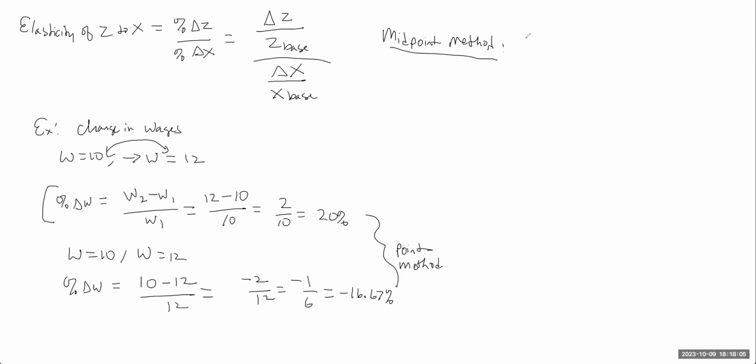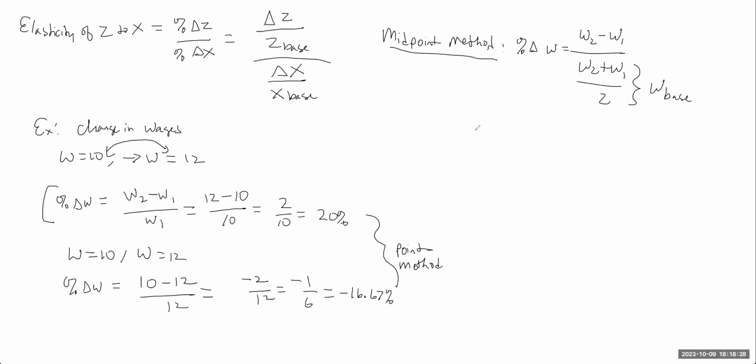And the midpoint method of percent change is percent change of W is equal to (W2 minus W1) divided by ((W2 plus W1) divided by 2). Specifically, the denominator, or what I call W base, is just the average of the two numbers. This is W base, okay?